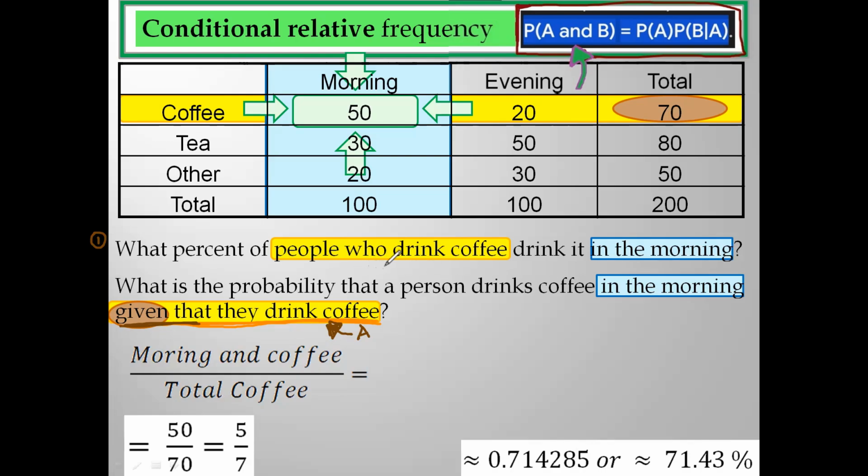The condition is already given to us at the very beginning because of the way English grammar is constructed. So right here, drinks coffee would be our condition A, or event A. Now that we know what the condition is, the following events are a lot easier to figure out, meaning our event B. So in the morning would be our event B in either situation.